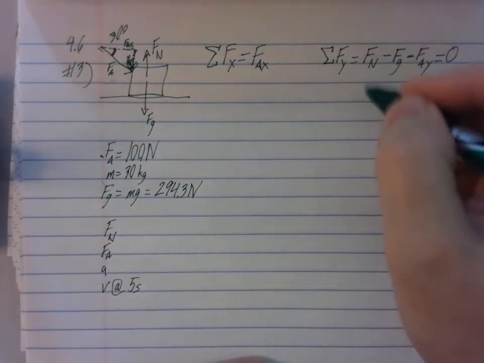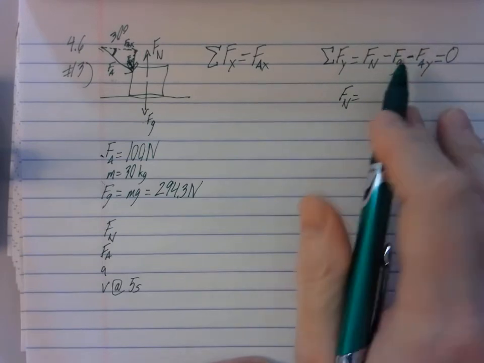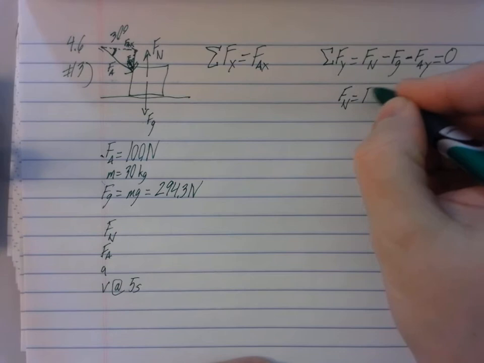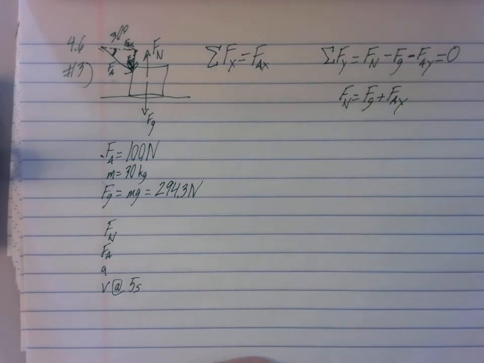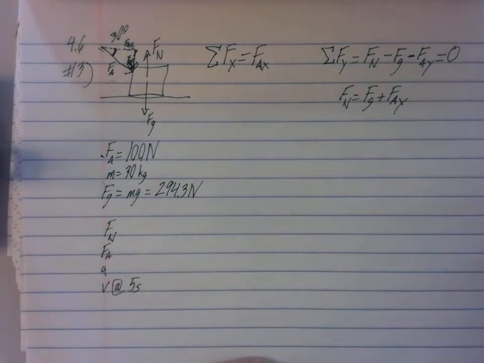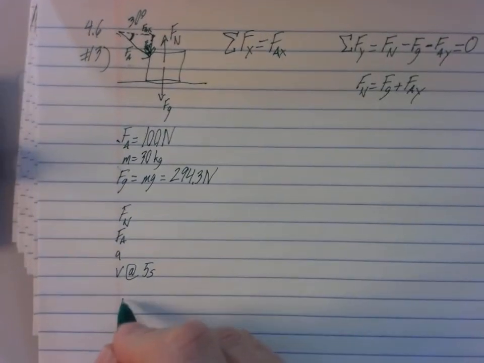Okay, so we want our Fn. We just do our algebra. Add Fg, add Fay. Okay, we have our value for Fg. Our Fay, where to put this? I'll put it down here.